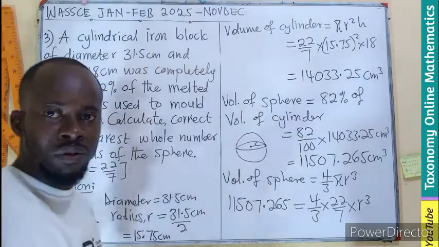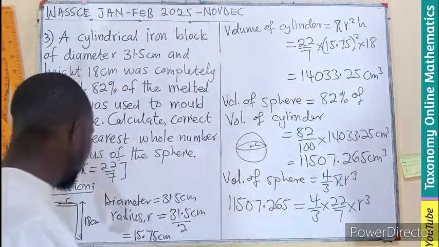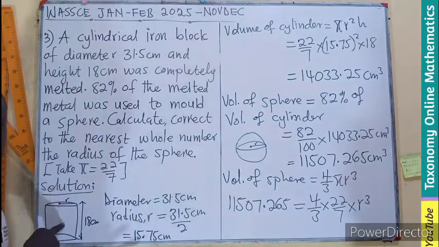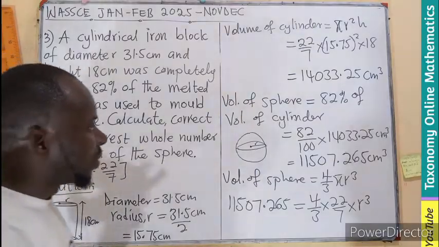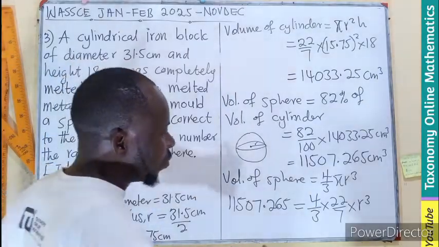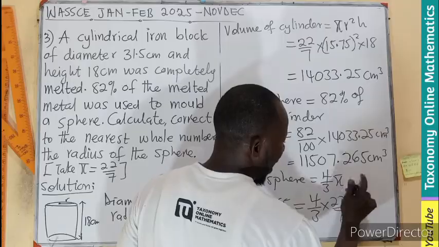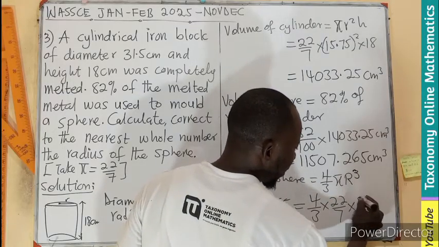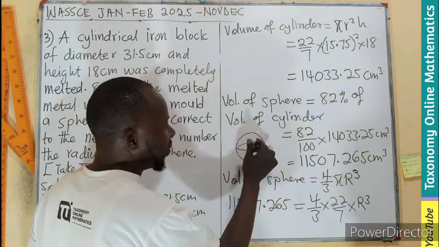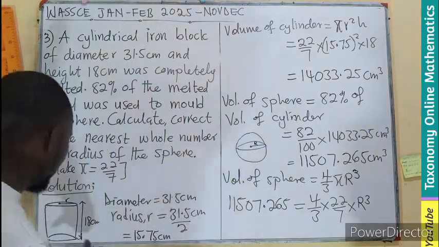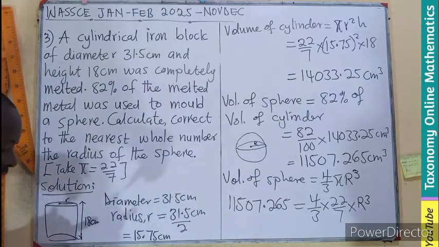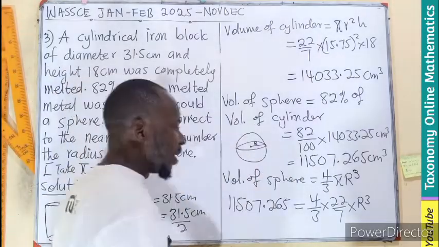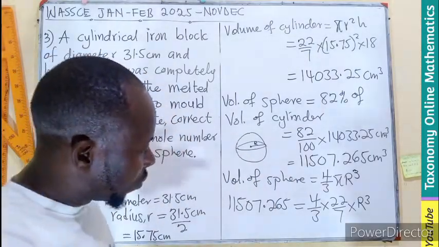This radius is what you're looking for, not the radius we have here. So in this case, we can use a different R to indicate that. Let me use capital R so that we can differentiate between the radius of the cylinder and that of the sphere.